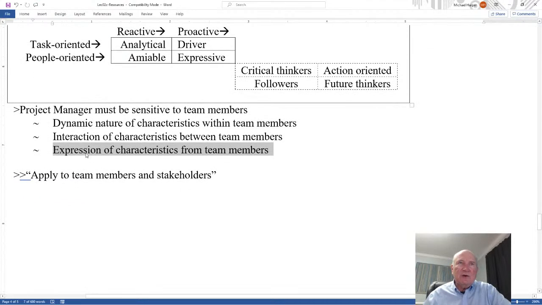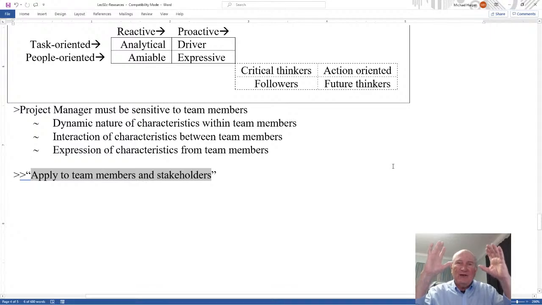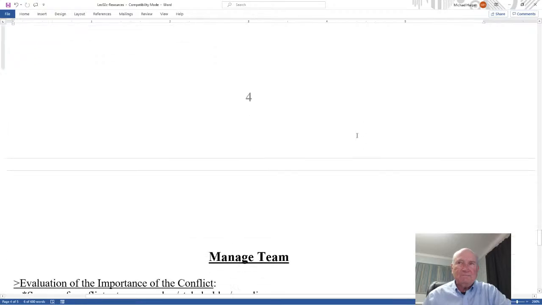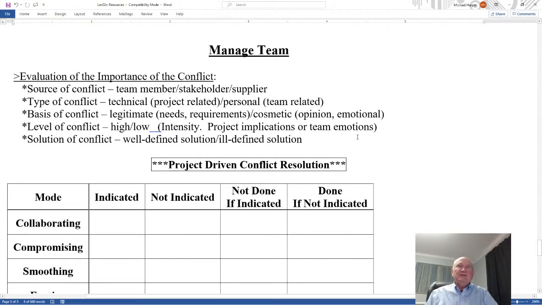Now, this project manager applies this to the team members as well as stakeholders. So not only team members, but also the stakeholders, internal stakeholders, external stakeholders, and we'll look at stakeholders in project stakeholder management.